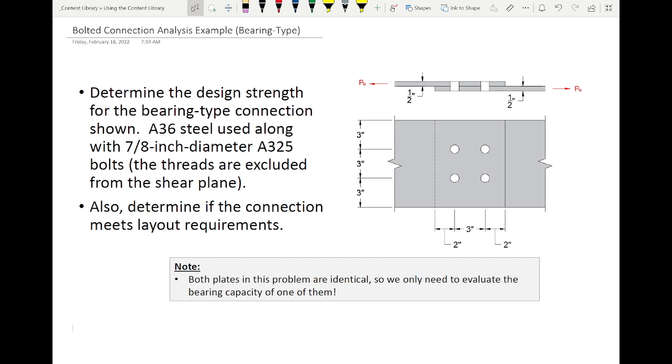Yes? What's the 2 inches to the left and right of the bolt? That's a great question. Let me put that up here to try and clear that up. So this dimension is 3 inches. This dimension is 2 inches. And so this dimension right here is also 2 inches.